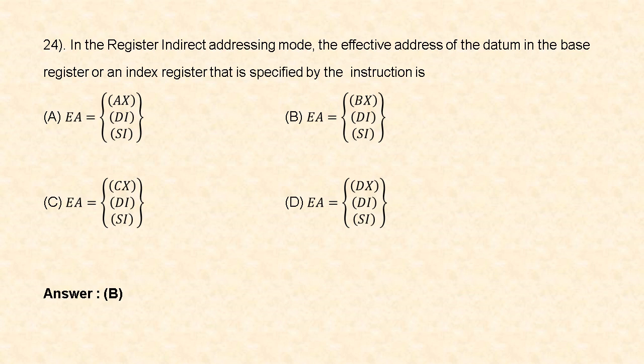In register indirect addressing mode, the operand's offset is placed in any one of the registers, that is BX, BP, SI and DI as specified in the instruction. The effective address of the data is in the base register or an index register that is specified by the instruction. So option B is correct.